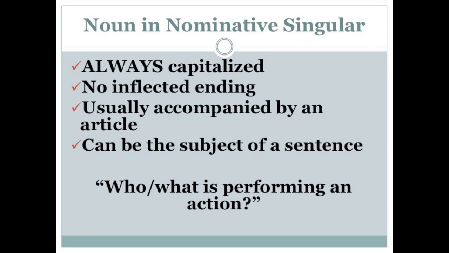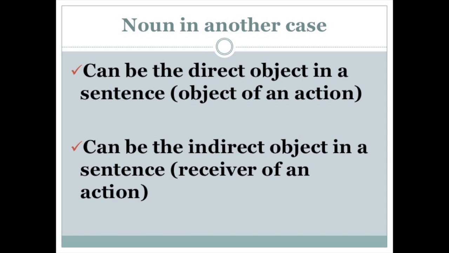It's usually accompanied by an article, but the article can be left off as well. And a noun can be the subject of a sentence. That is when it's in the nominative case. Then we're asking who or what is performing an action. In another case, it can be the direct object of an action, or it can be the indirect object, the receiver of an action. So I have a couple examples here.